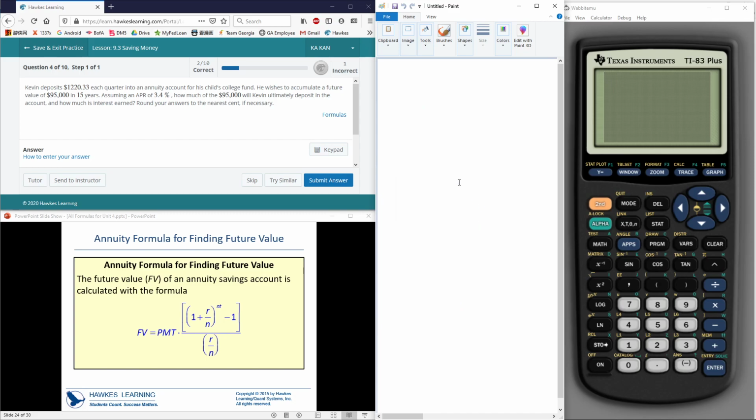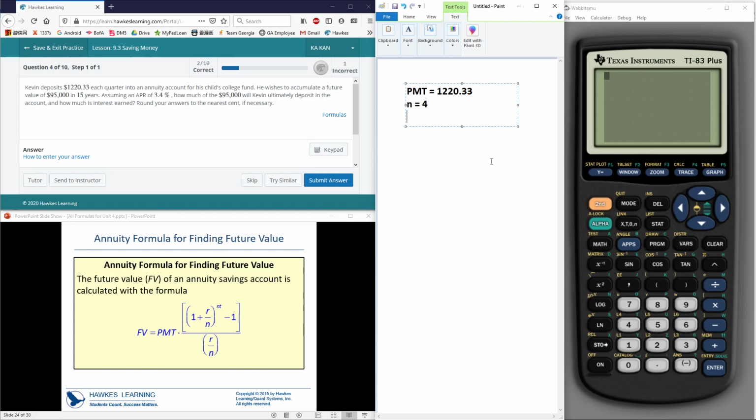So Kelvin deposits this much money every quarter. So let me go ahead and type this in. So this time the payment is 1220.33, and the interval n equals 4 because he's doing it quarterly, every 3 months, right? Quarterly means 4 times a year. Into this account for the college fund.